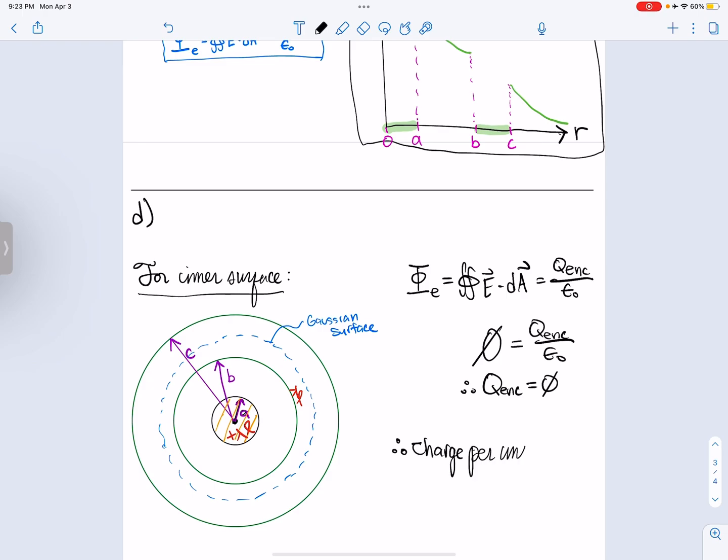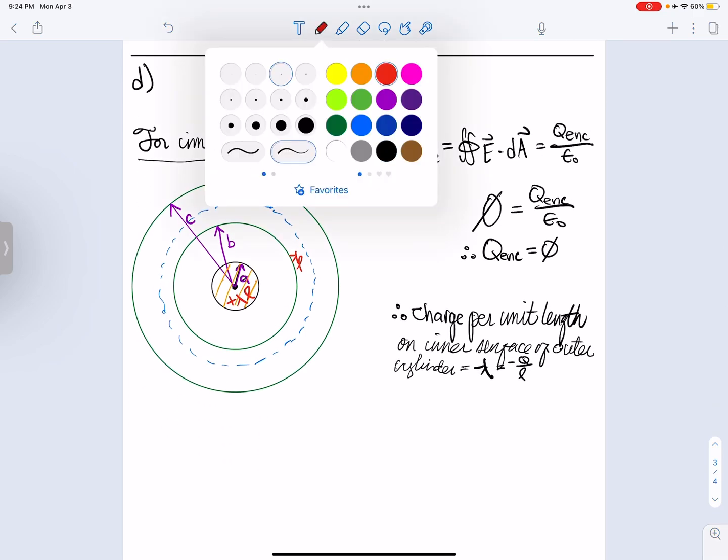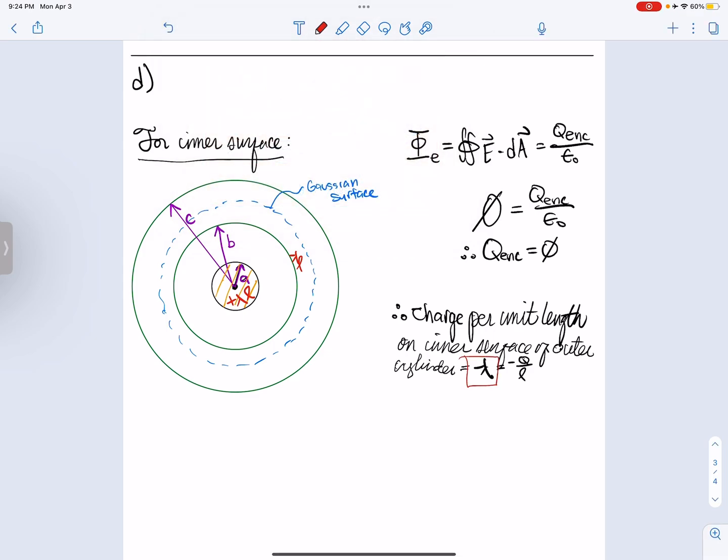Charge per unit length on the inner surface of the outer cylinder is negative lambda, which is equal to negative Q over unit length L. So that's our final answer.